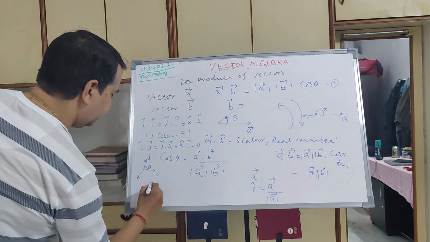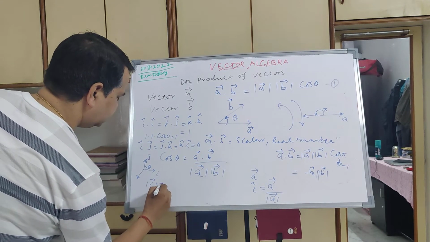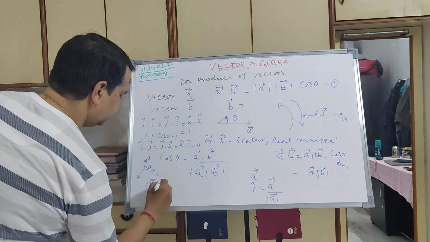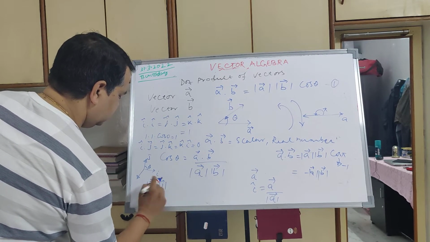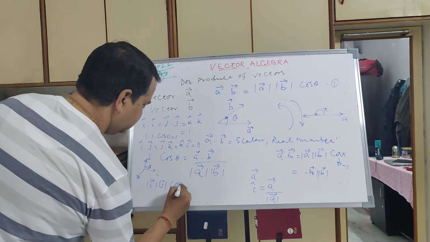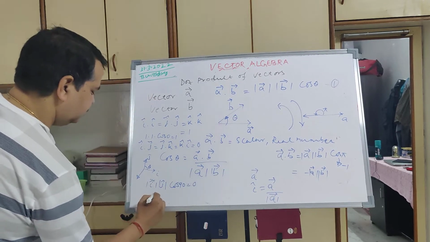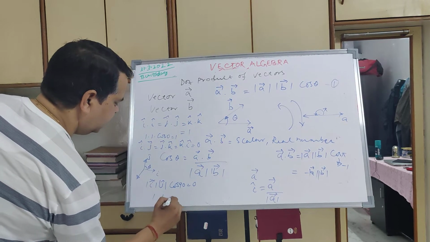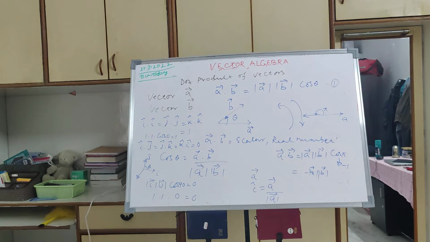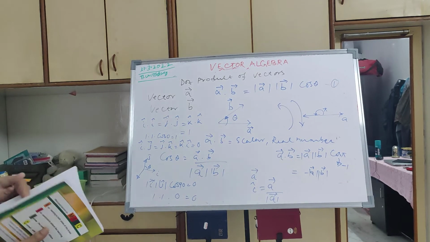So it will become I cap magnitude, J cap magnitude, and then cos 90, which is equal to 0. So 1 into 0 is equal to 0. This is very important.